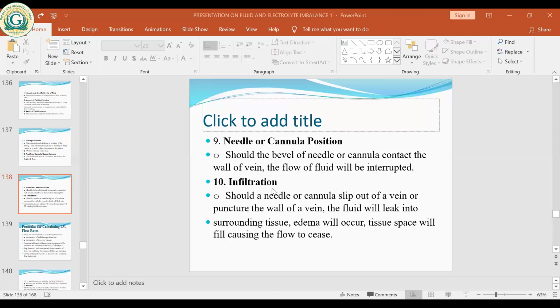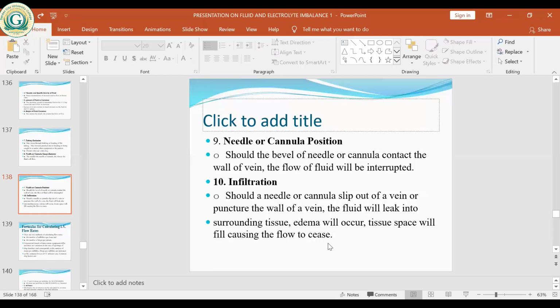Then we have what is called infiltration. Should the needle or the cannula slip out of the vein or puncture the wall of the vein, the fluid will leak into the surrounding tissues. Edema will occur. Tissue space will fill, causing the flow rate to cease. So infiltration is when the needle or the cannula slips out of the vein and enters the interstitial space, and then it starts filling the interstitial space.